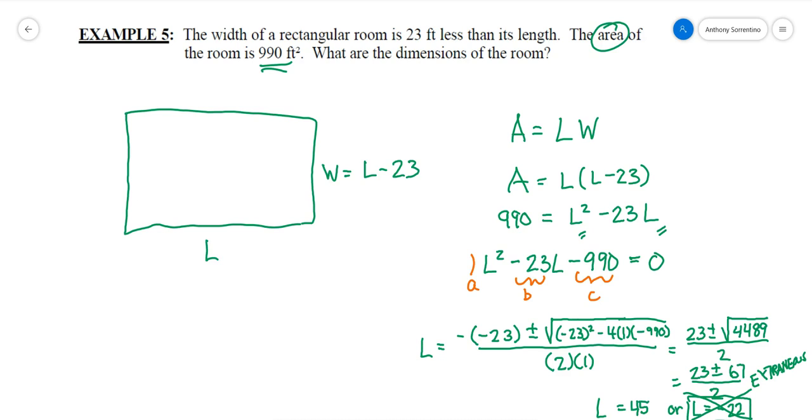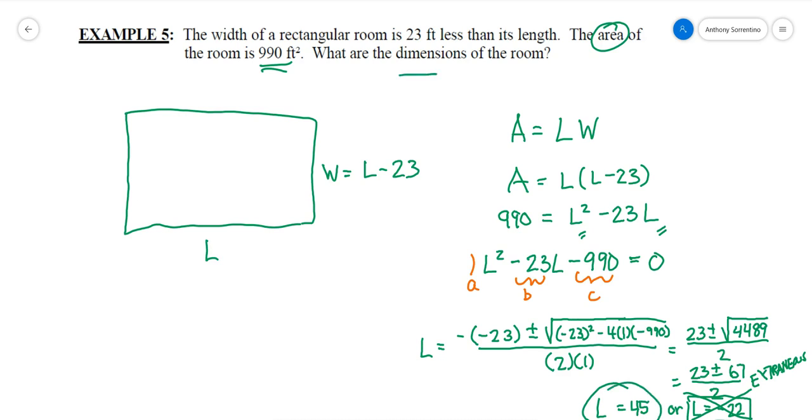In this case, if the width is 23 less than the length, then I know that the length is always going to be bigger than the width. The fact of the matter is, I would get two solutions if it could in fact be bigger, but not the way it's been defined. So L equaling 45 is the solution.